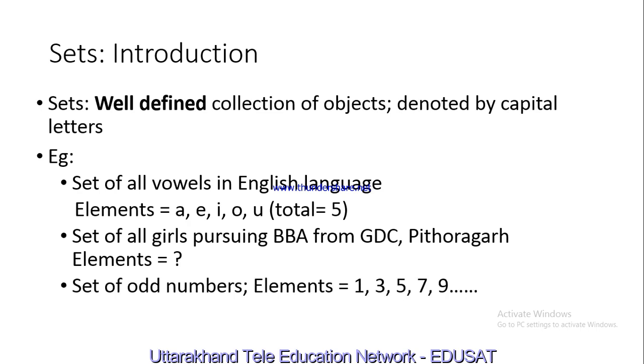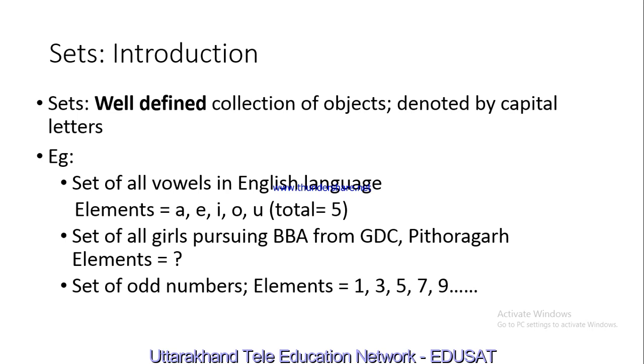Now another example is set of odd numbers. So what will be the elements? You know what odd numbers are: 1, 3, 5, 7, 9, 11, 13, 15, and this will go on till infinity. 1, 3, 5, 7, 9, 11, 13, 15, 17, 19, so on and so forth. So these are the various elements of this particular set. Again, this is a very well defined set.